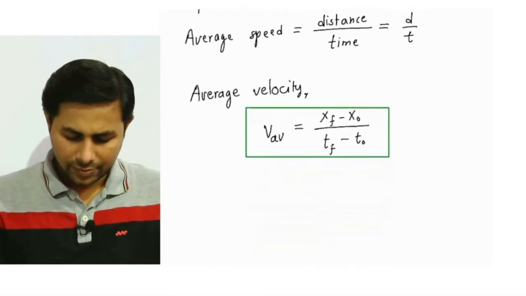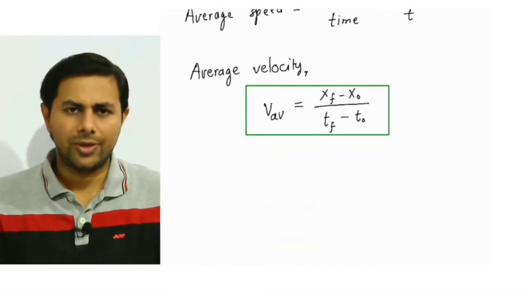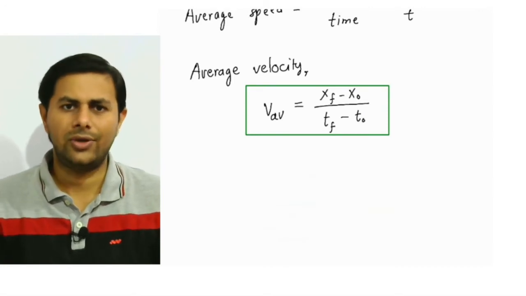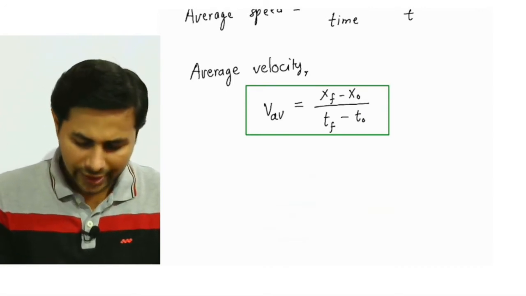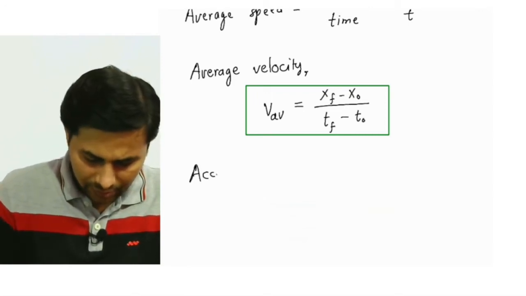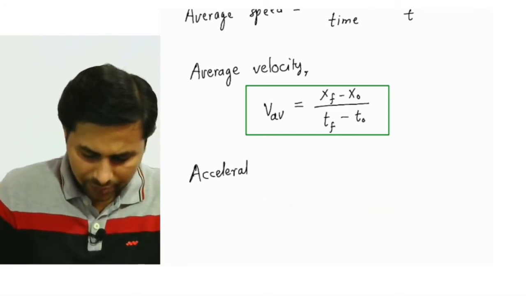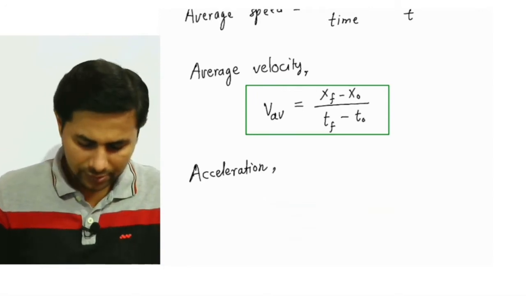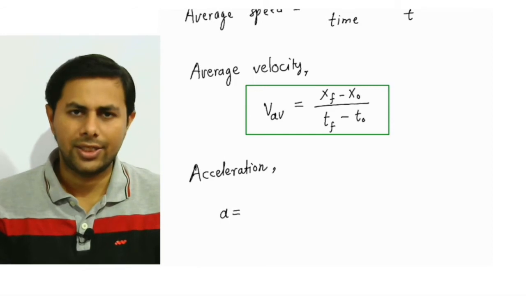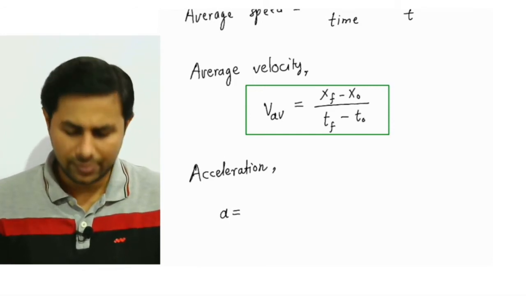So to find out the change in velocity with respect to time, we again define a quantity known as acceleration. So the acceleration is defined as the change in velocity with respect to time.